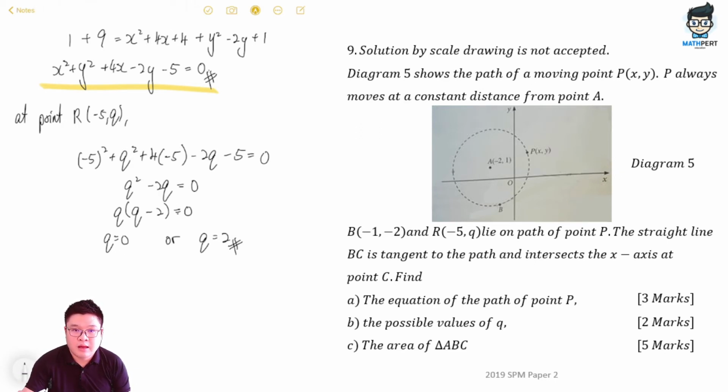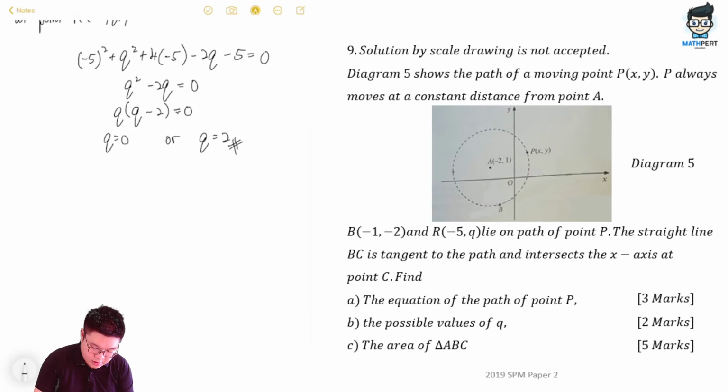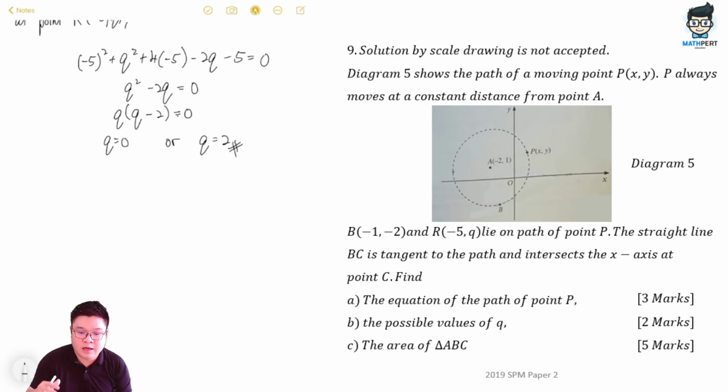With point B and the gradient, we can find the equation of the straight line. We know that the line BC intersects the x-axis, so when we have the equation of the straight line BC, we substitute y equals 0 because it is on the x-axis. Then we can find point C. When we have point C, point B, and point A, we can find the area of triangle ABC. Alright, so let's find out the gradient of the tangent.